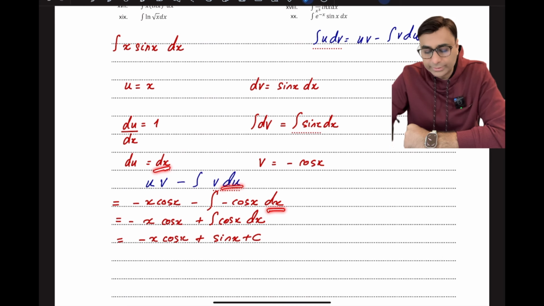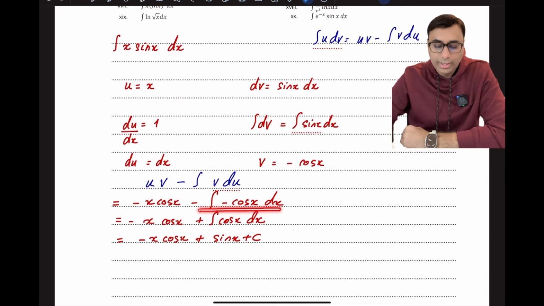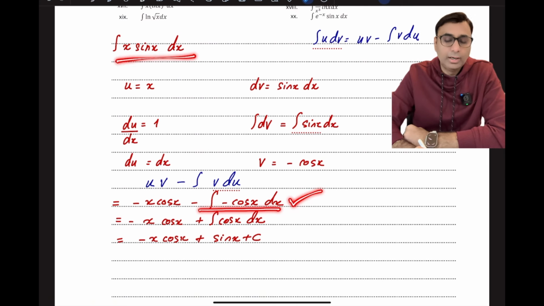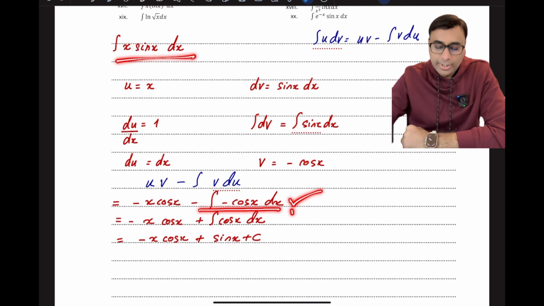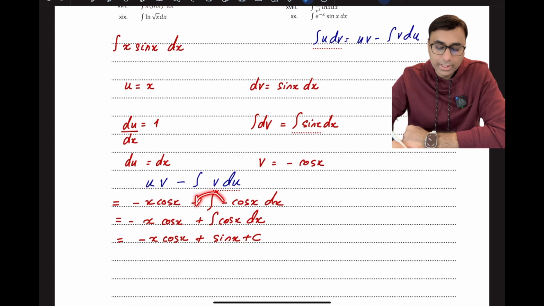After coming to this point, I will always have another integral, that is how the formula is, but I will always see that this integral must be easier or simpler than the original integral. So I will be able to integrate it more easily, as I can do in this case, because I take the minus outside, it becomes plus, and I will have only cos x to be integrated here.